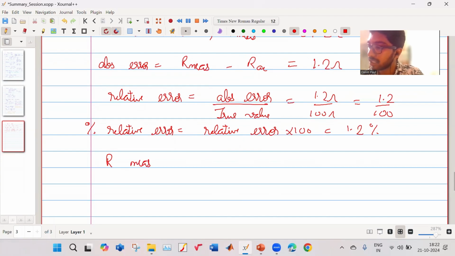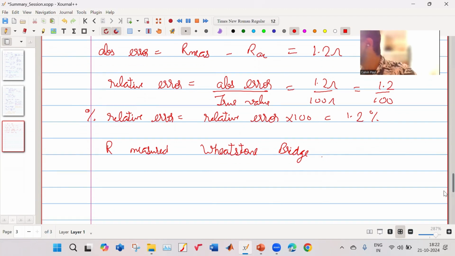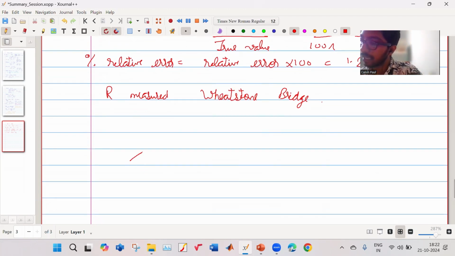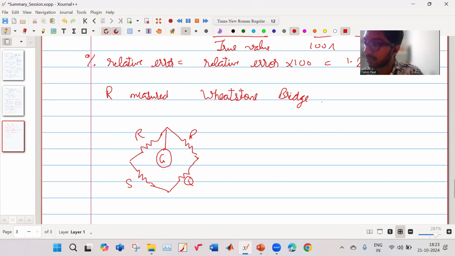Another thing is that resistance is measured using something known as a Wheatstone bridge. It will have R and P, S and Q. P, Q, and S are known, R is unknown. And there will be a galvanometer here, and some voltage will be applied.